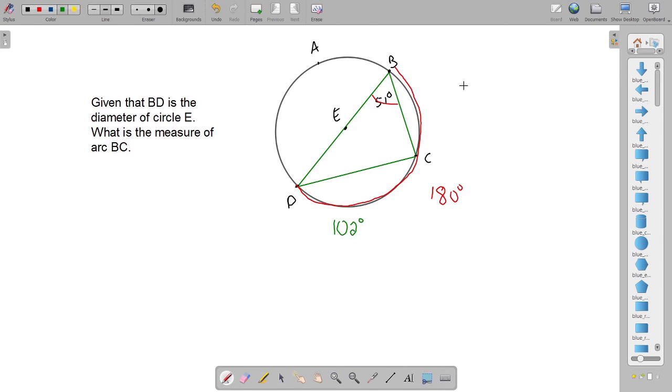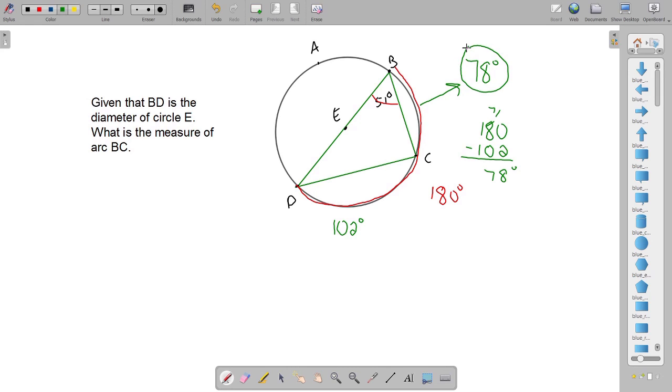So we have 102 degrees already from D to C, and B to C is what's left over. We just subtract those. So from B to C should be 78 degrees.